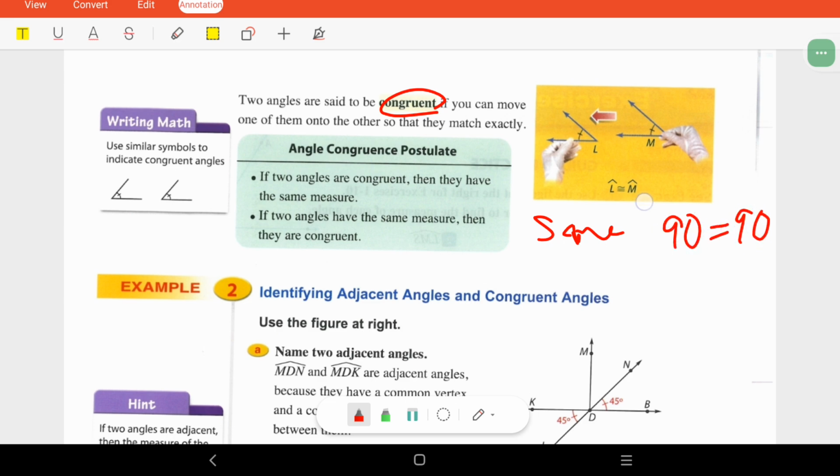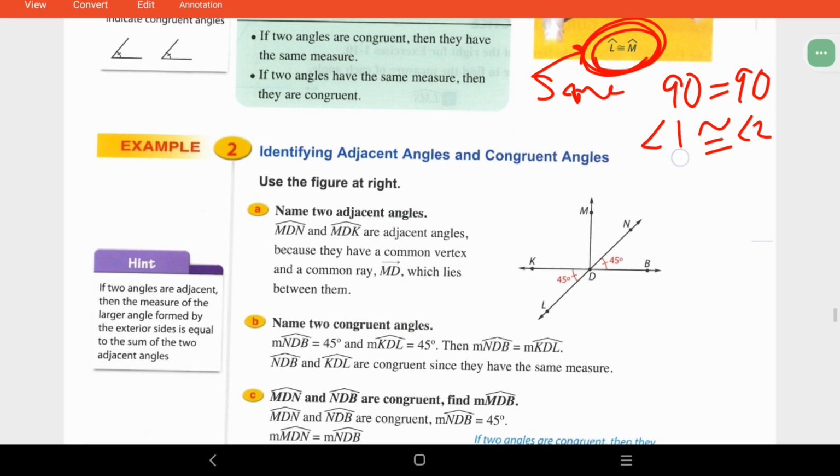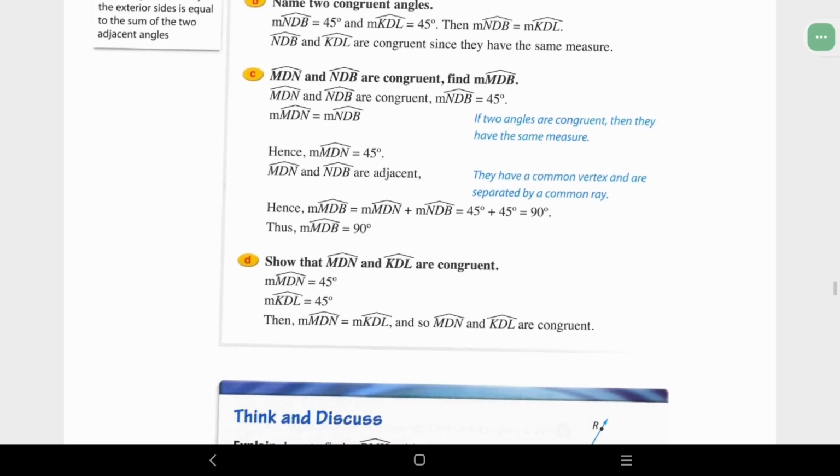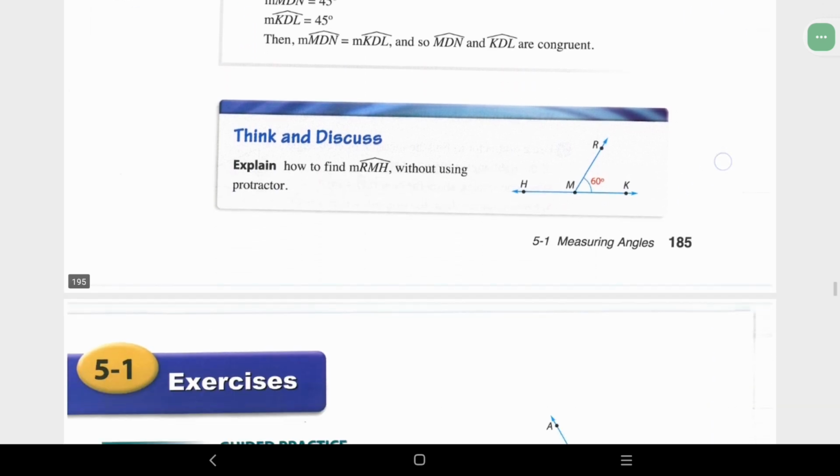But whenever I talk about the names of the angles, as you can see here, I use congruent. So I say angle 1 is congruent, and this is the sign of congruent, a wave with an equal sign, with angle 2. As you can see, I use two different names. And that's it for this section.